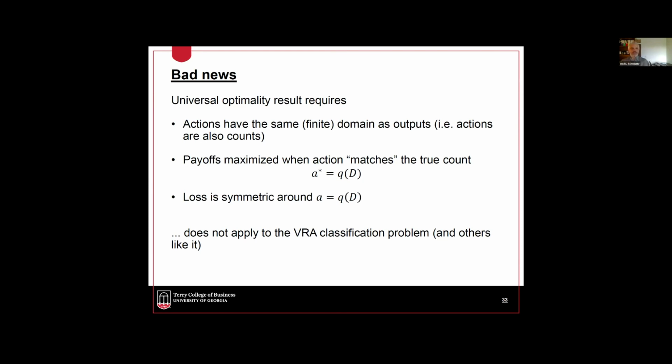But this universal optimality result doesn't apply to other types of decision problems, like the Voting Rights Act application that I didn't go over, but essentially any type of classification problem where you want to make a classification or a decision that changes discretely when you pass some threshold, and others like it.